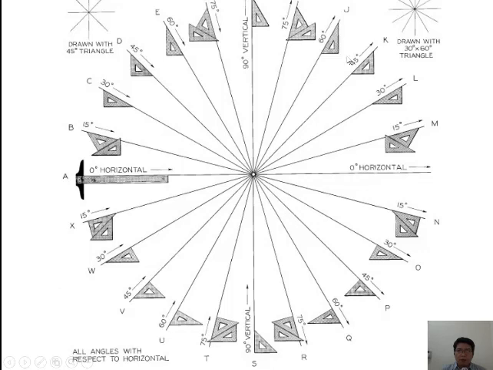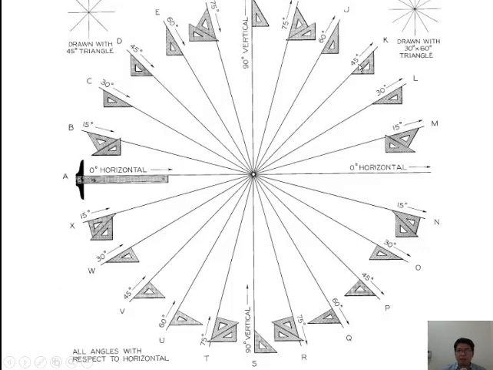For example, this is 60 degrees, this is 30 degrees, and another one is 45 and 45. Based on this we can generate 15 degrees, because this one is 60 and this is 45, so this angle will be 15. It's quite easy to understand.